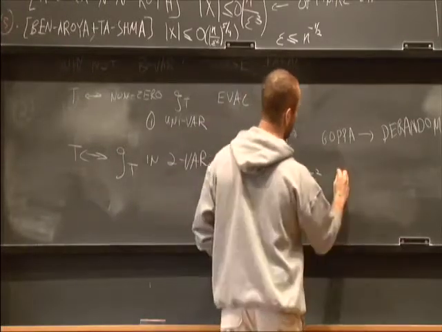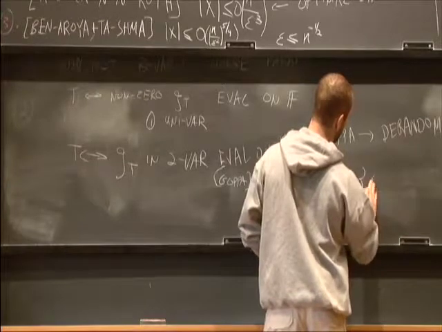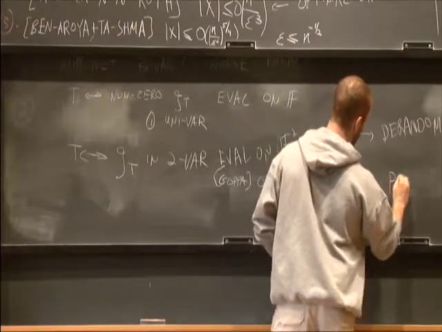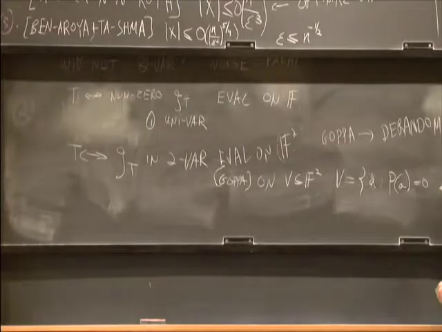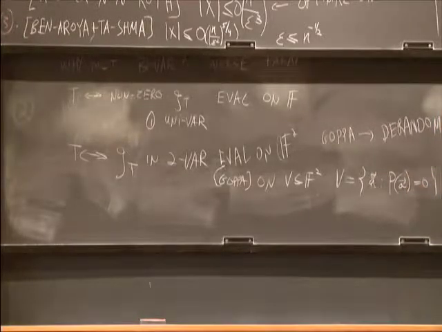For example, V will be all the zeros of a polynomial P, and P is irreducible. So this is the high-level idea.